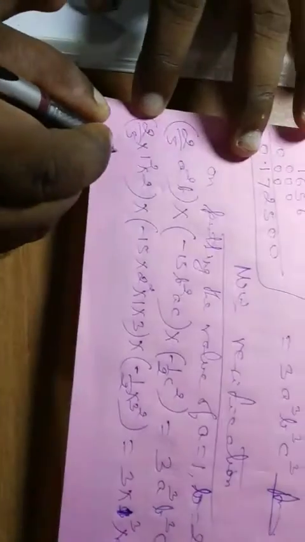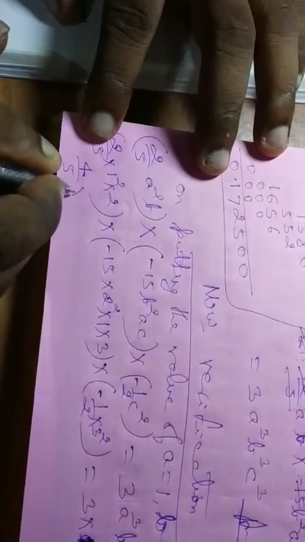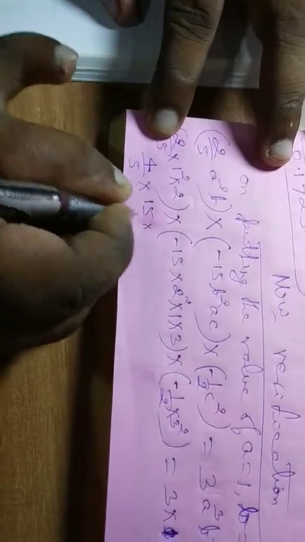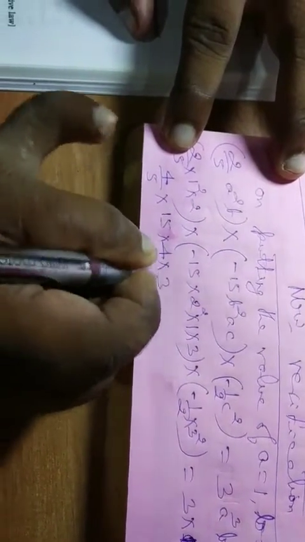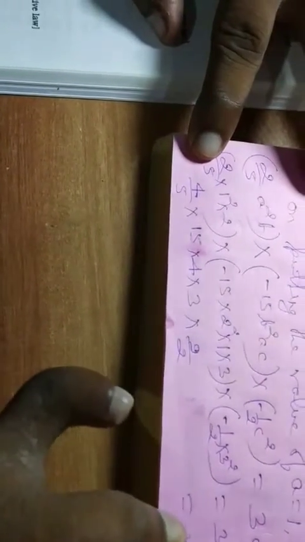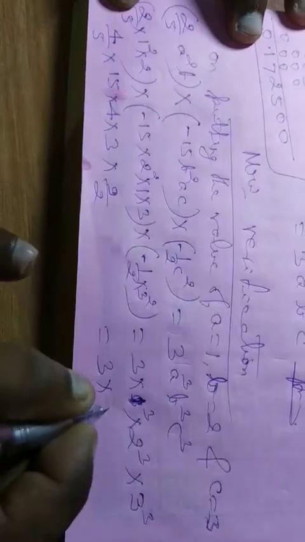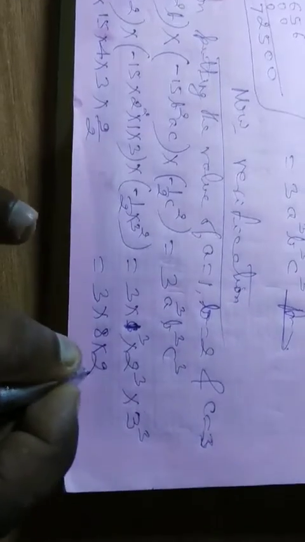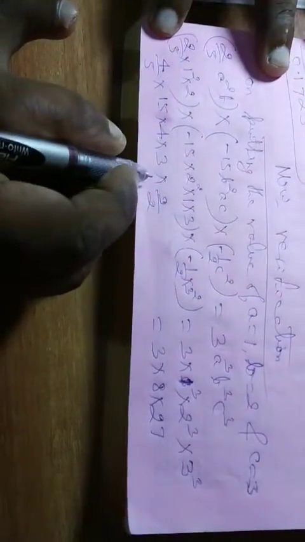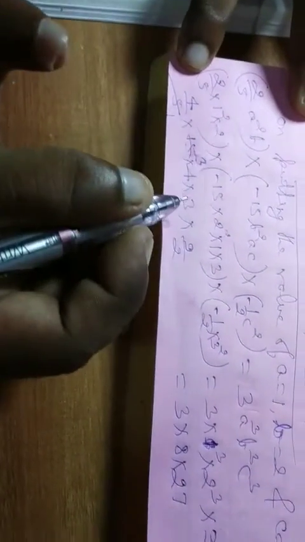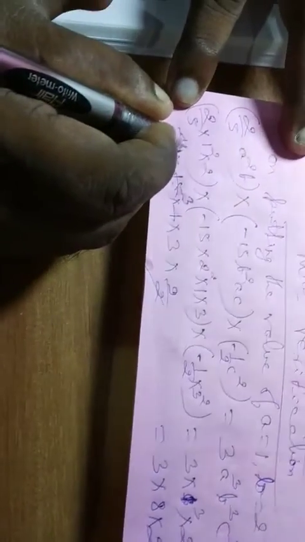That is 2 to the 4 by 5, 4 by 5 into minus, plus 15 into 2 to the 4 into 3 into 3 square, 9 by 2, equal to 3 into 8 into 27. 5 1 is 5, 5 3 is 15, and 2 1 is 2, 2 2 is 4.